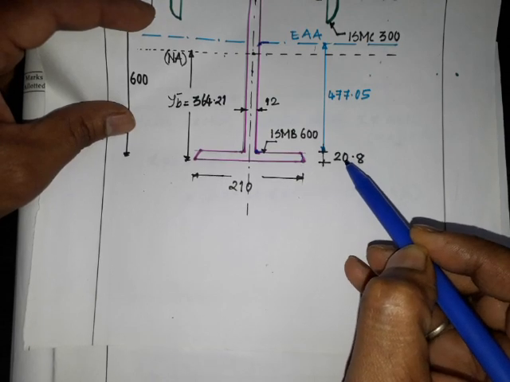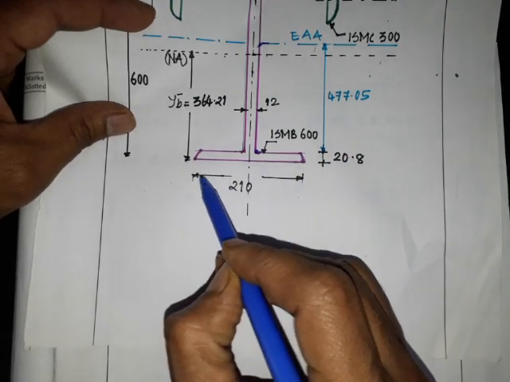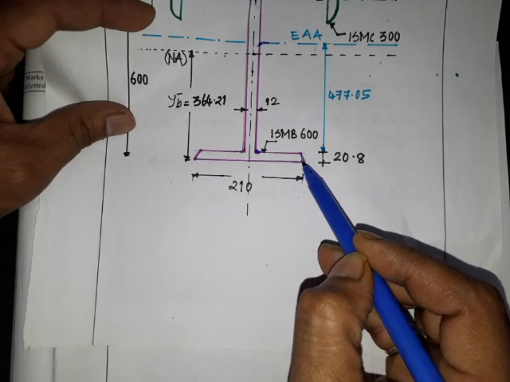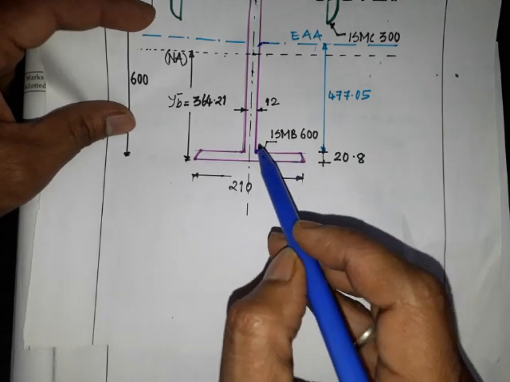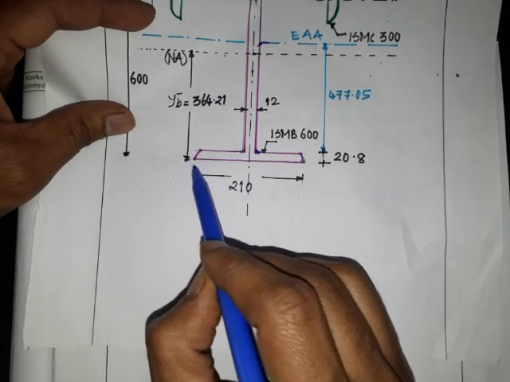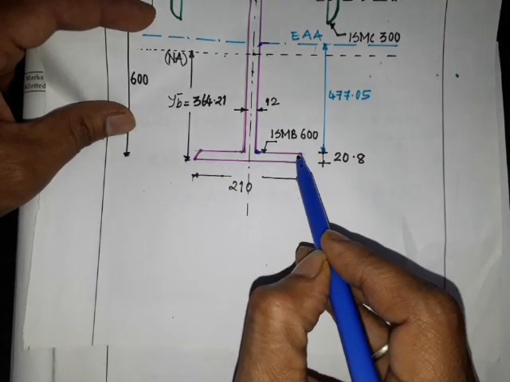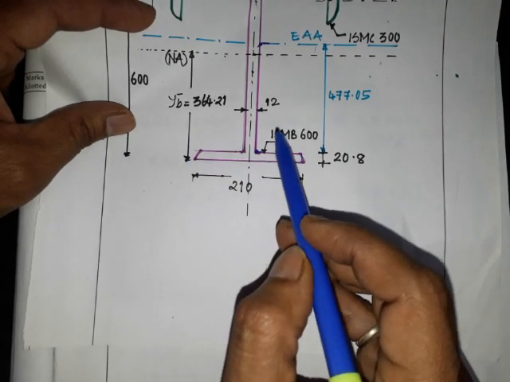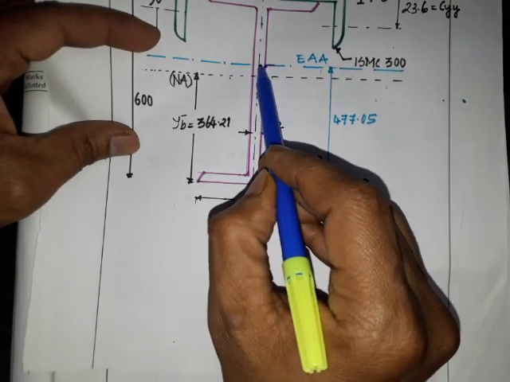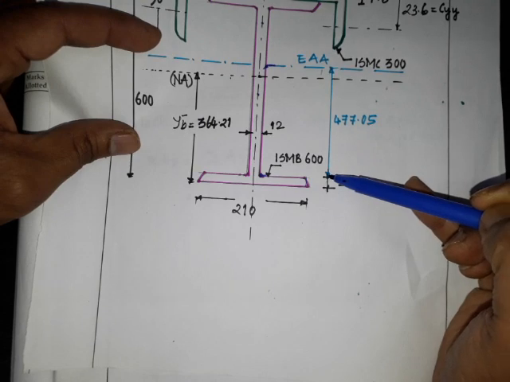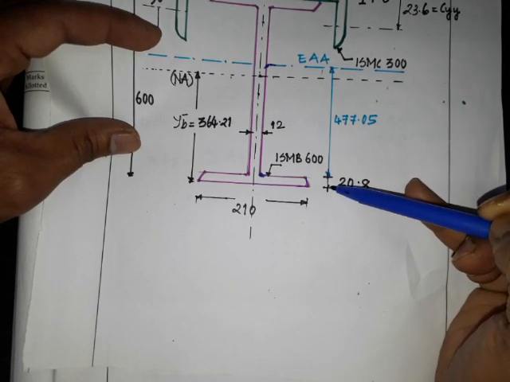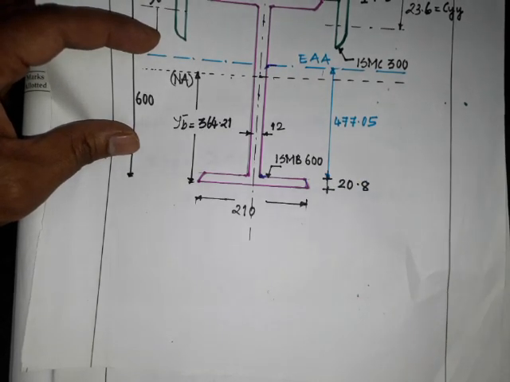How do you find A y bar? The area is 210 into 20.8. What is y bar? Y bar is the distance of the center of this bottom flange from the equal area axis, which is 477.05 plus 20.8 divided by 2, as we have calculated.